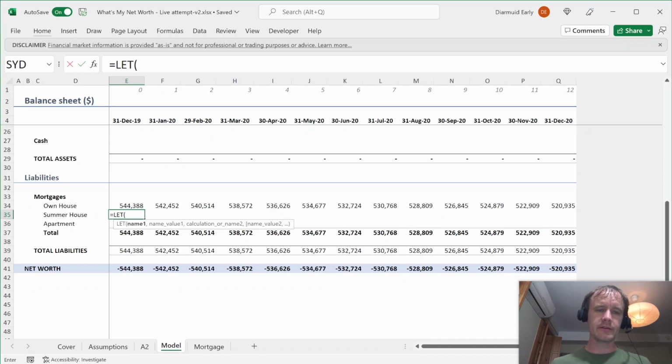And LET, if you haven't used it, is a relatively new function that basically lets you define a name and then give it a value, and you can define as many pairs as you want: this name gets this value, this name gets this value, this name gets this value. And in all your subsequent calculations, like in figuring out the value of later names, you can use your existing names.